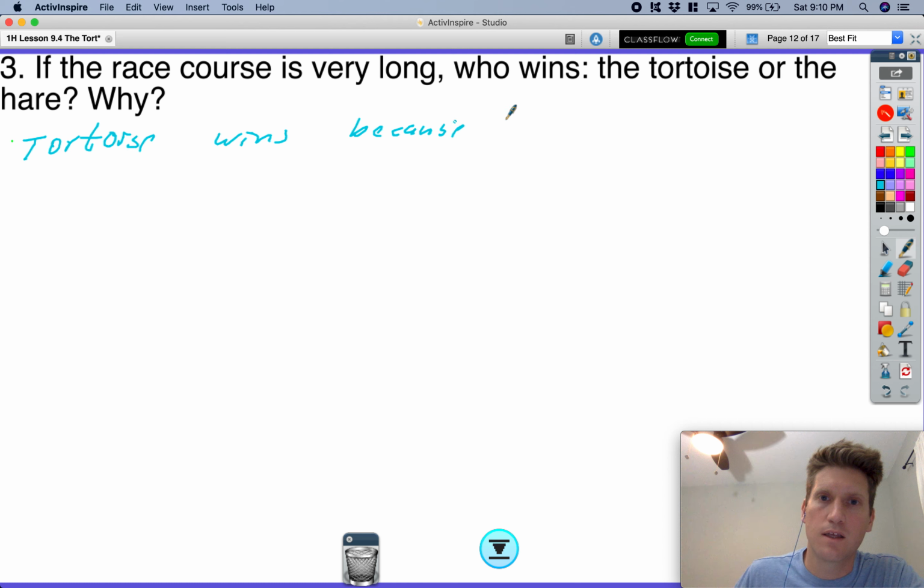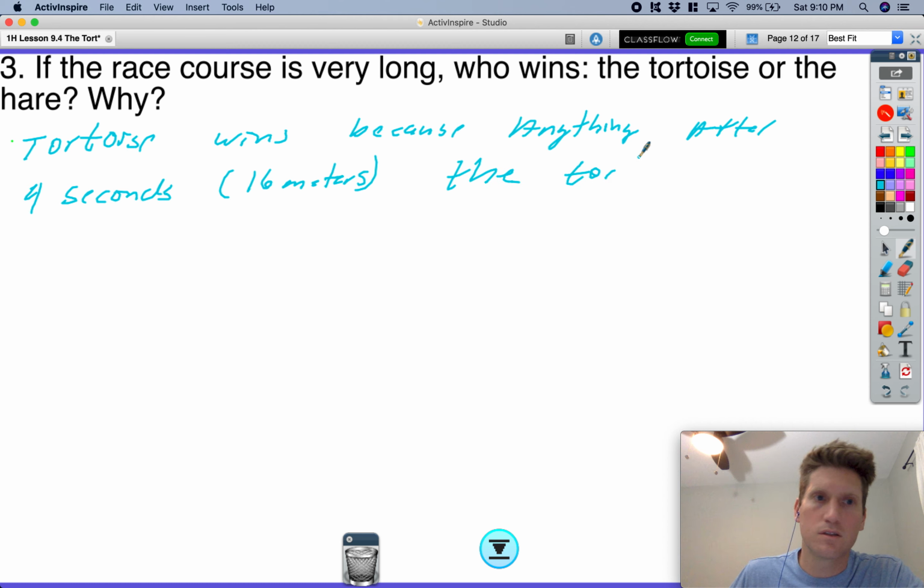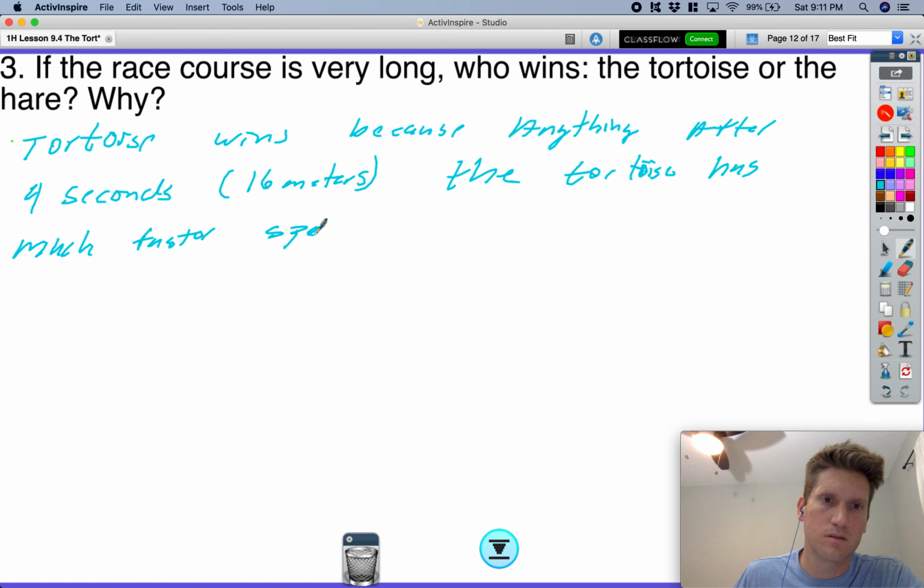Because anything after 4 seconds or a distance of 16 meters, the tortoise has a much faster speed. And is ahead.